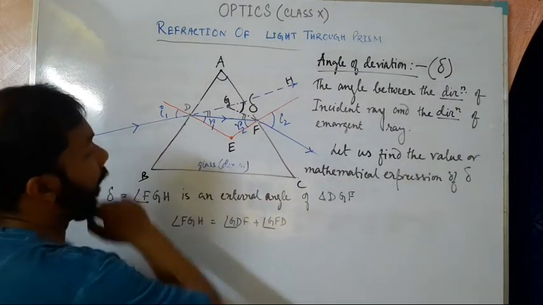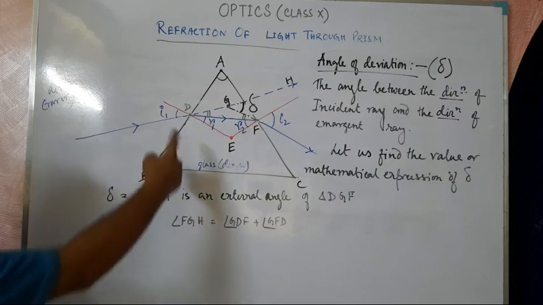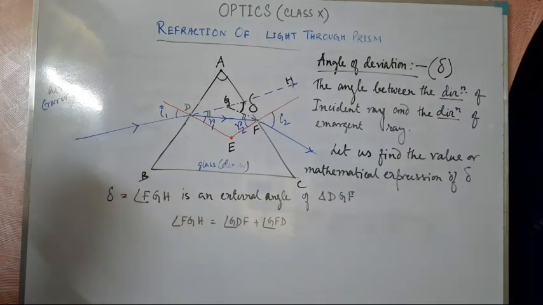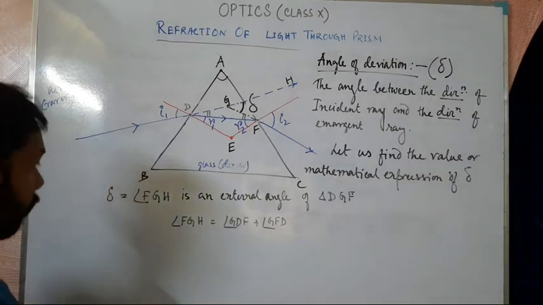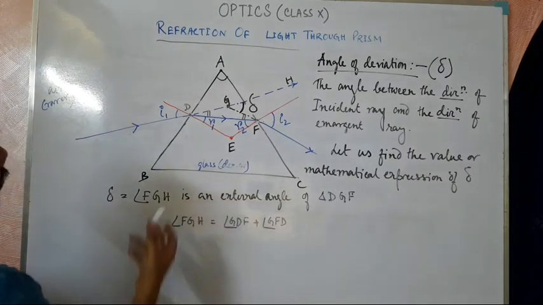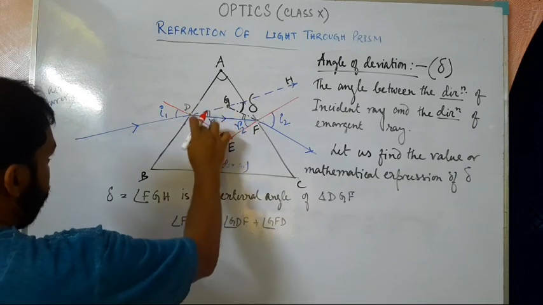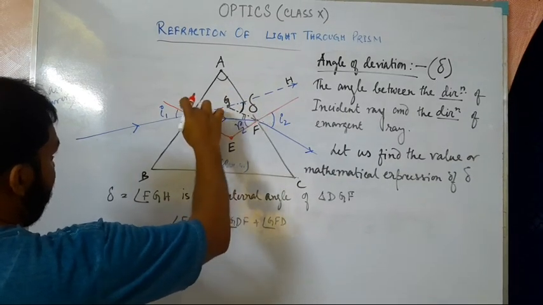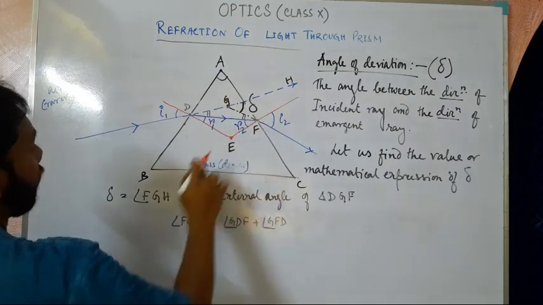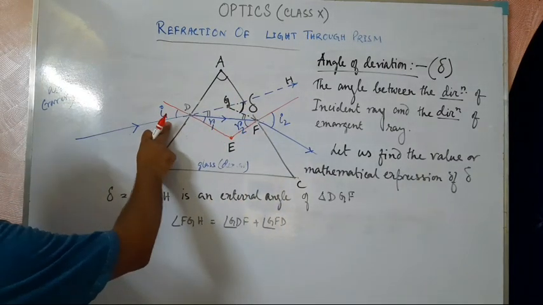What are the values of these two angles? Look at the figure. You can tell by yourself. Look, this total angle is I1, this angle is R1, and that total angle, angle GDE, is vertically opposite to the incident angle.